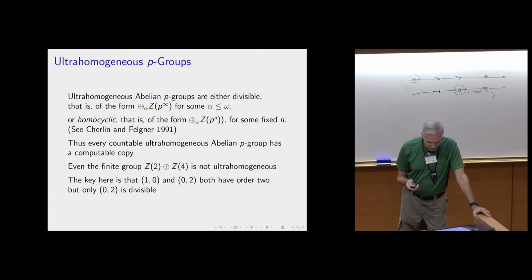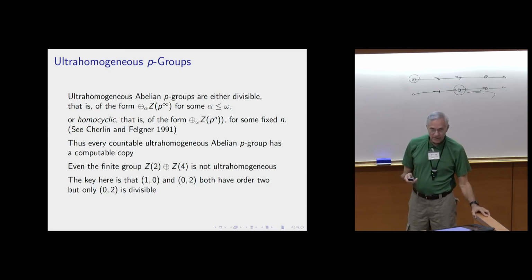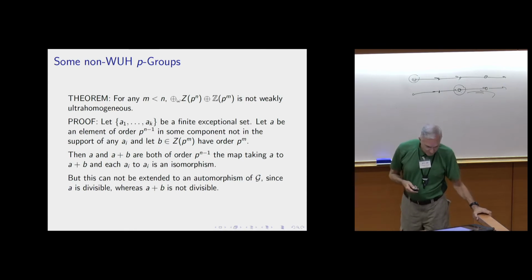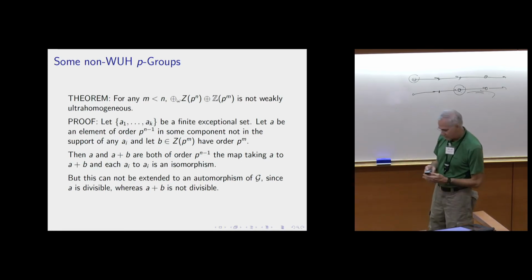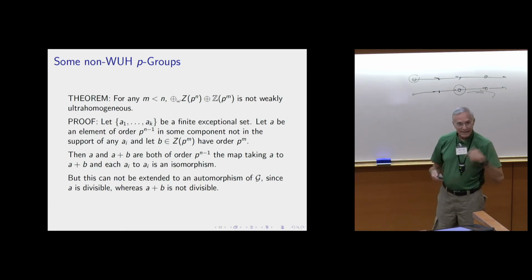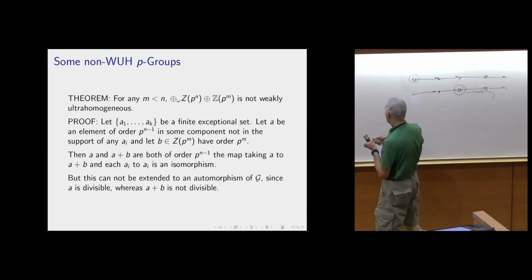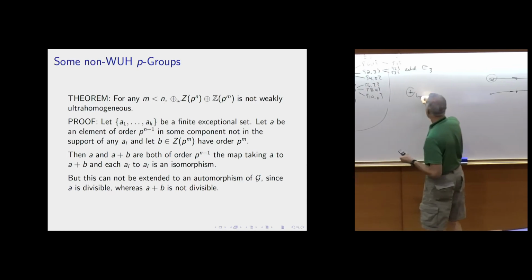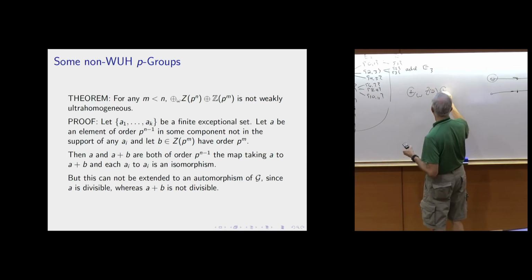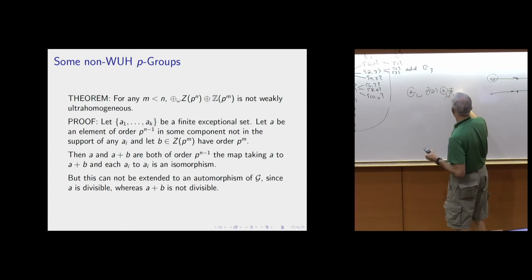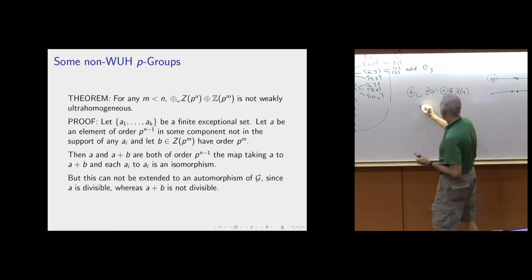But it turns out to be quite interesting what happens when you look at infinitely many copies. We know the classic example of something not categorical would be having infinitely many copies of Z2 plus infinitely many copies of Z4.